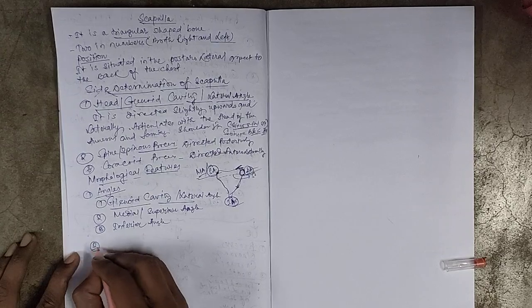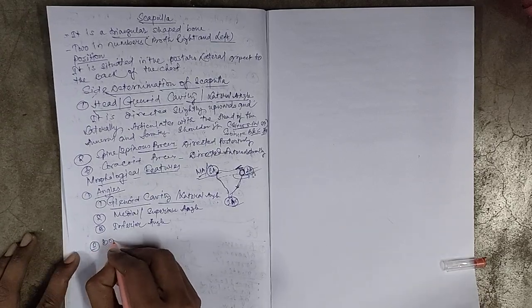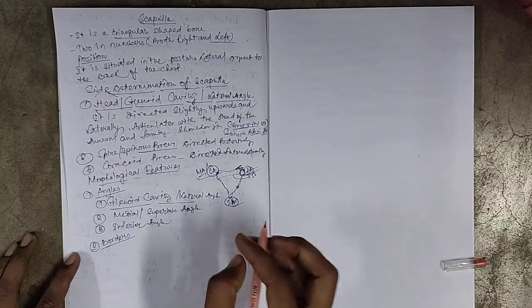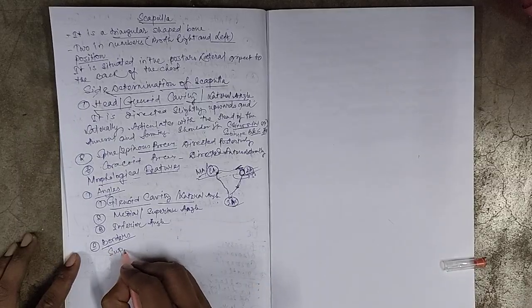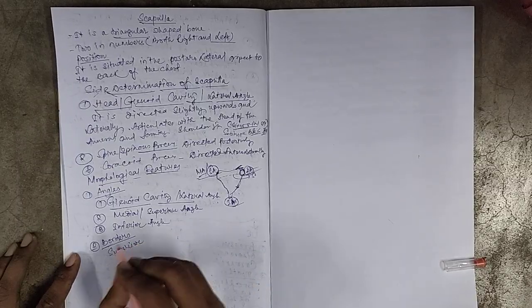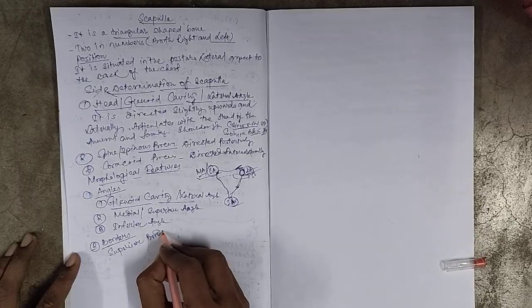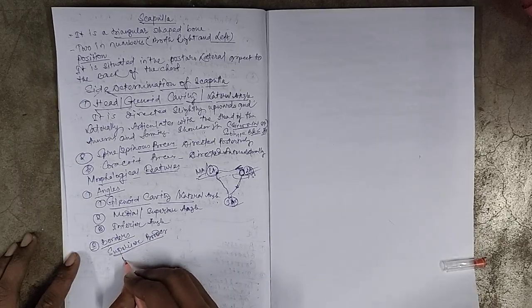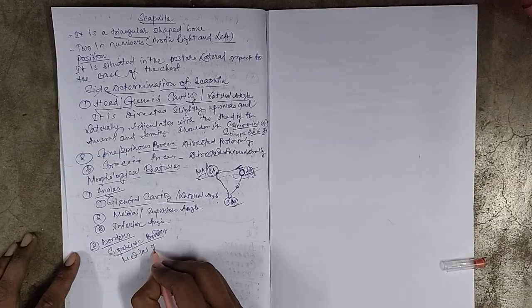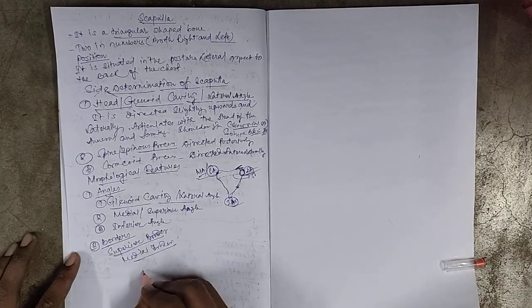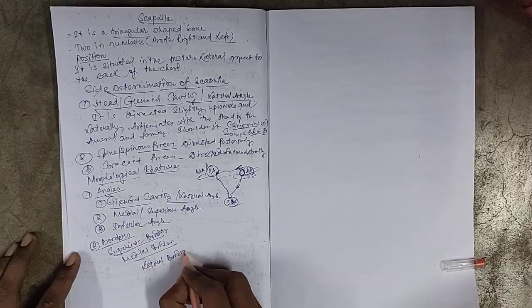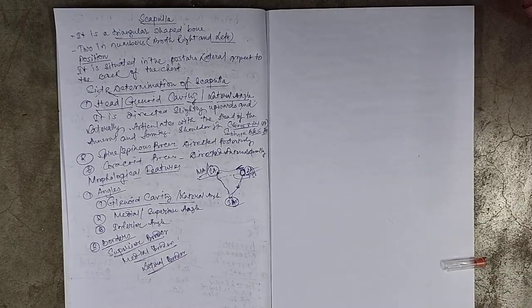Now there are some borders. What are the borders? Superior border, then medial border, and then lateral border. So these are the three borders which are present.